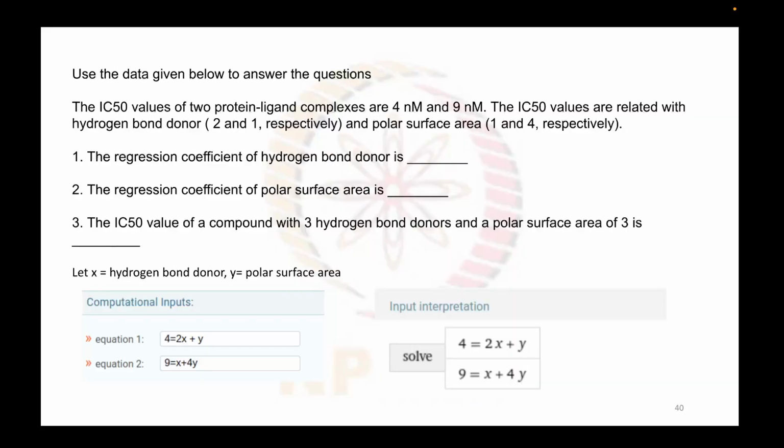Solve the two equations for x and y values, then implement those x and y values in the third point, that is, 3x plus 3y equals what?